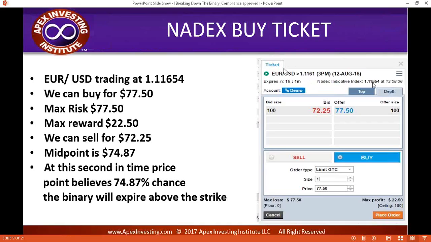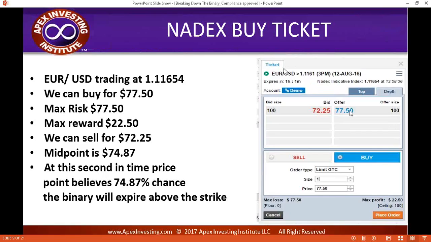It's already at 11.65. So it's already greater, right, Joe? So this contract, to buy it, is already in the money, right? And has a 74% chance of expiring in the money.